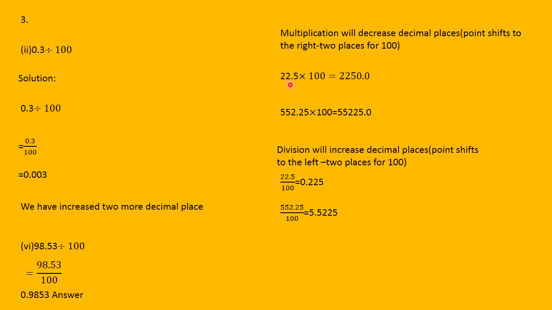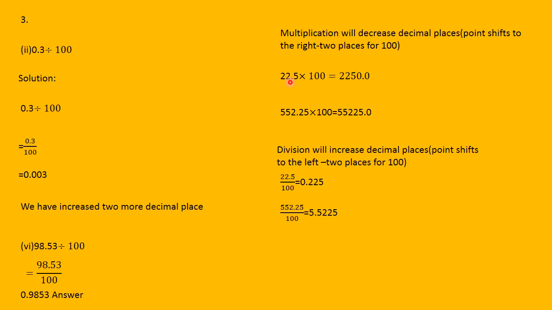Okay. So this is an observation when you are multiplying by 100. What is happening? 22.5 into 100. The decimal point shifts to the right. So 100 means 0, 0 you will write and put a decimal point. 22,500. Put a decimal point only after one number. So you will write 0. So what is happening here?